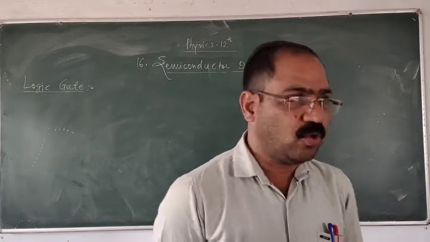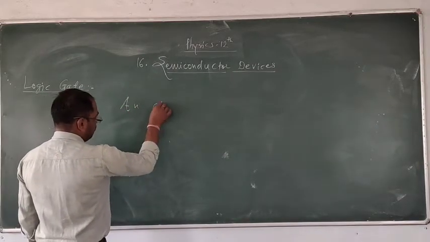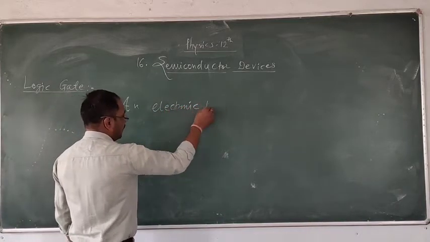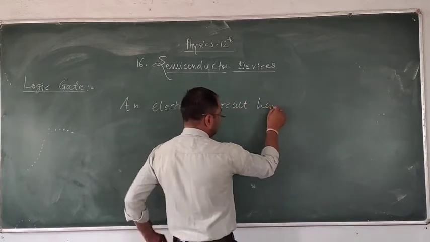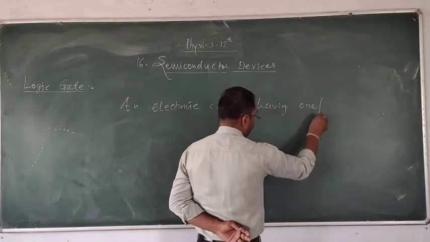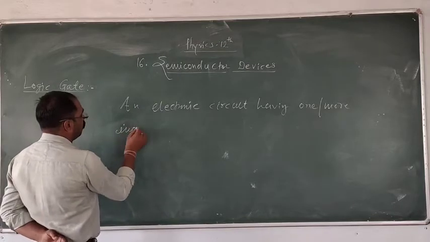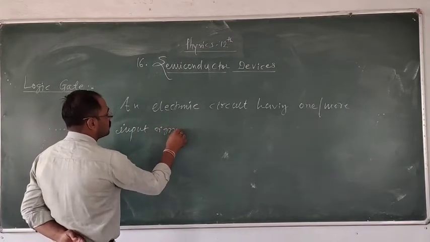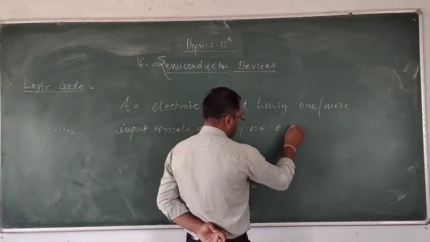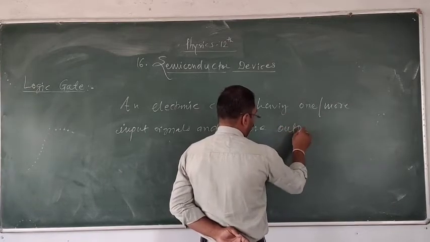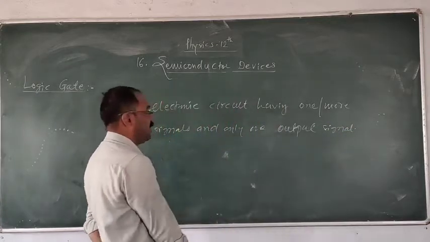So the basic definition of a logic gate is an electronic circuit having one or more input signals and only one output signal, and such a circuit is called a logic gate.